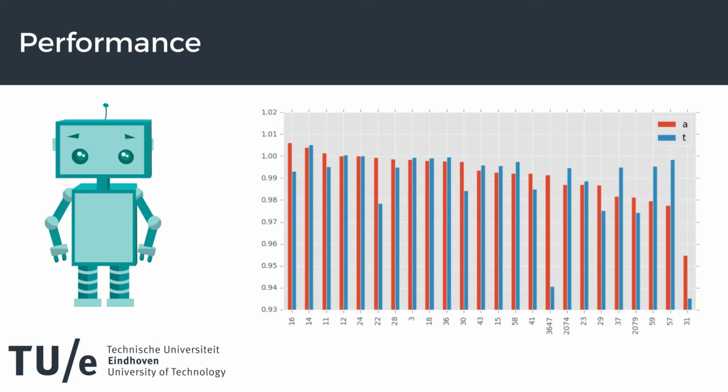The scores of AutoScaleLearn and tpot are normalized by the best Weka score. The y-axis on the left shows how close the model score is to the best Weka score. A 1 means that the algorithm scored exactly the same as the best Weka run. Often one of the two automated machine learning algorithms scores more than 99% of the best Weka run.